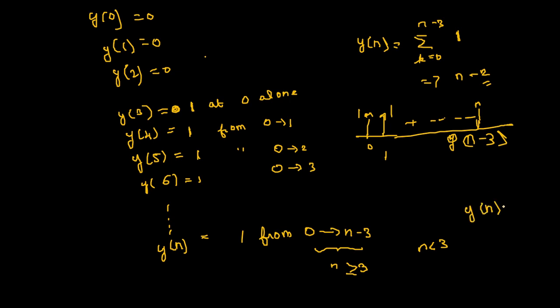So my y of n is defined as 0 for n lesser than 3, and it's defined as n minus 2 for n greater than or equal to 3. I hope it's fine now.